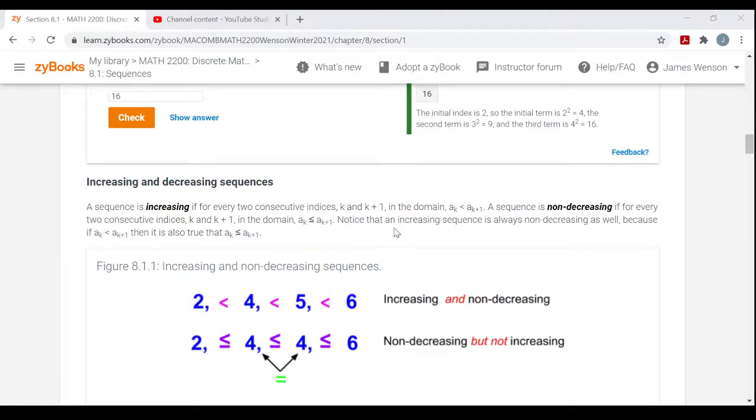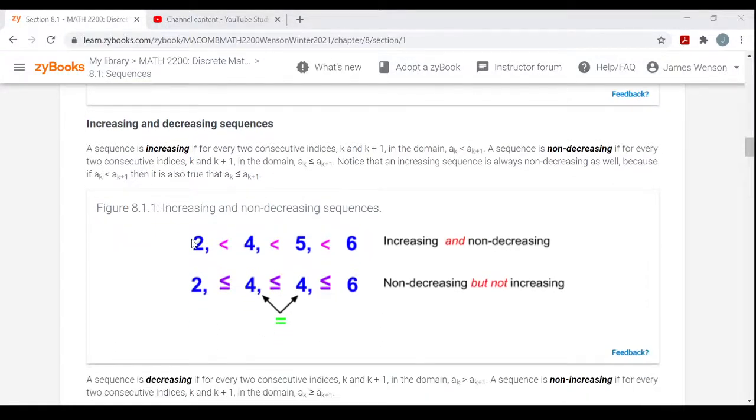So notice that an increasing sequence is always non-decreasing, because the greater than part or the less than part is always satisfied. So for example, 2, 4, 5, 6, that's bigger, bigger, bigger, increasing, and also not decreasing, right? But here's 2, 4, 4, 6. You're getting bigger, staying the same, getting bigger, staying. It's either getting bigger or staying the same.